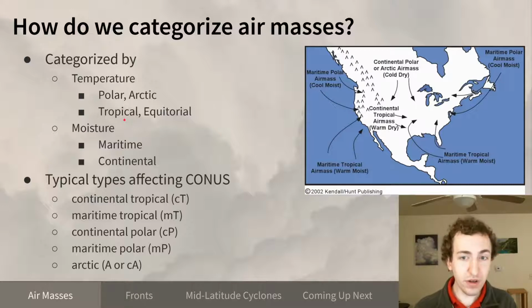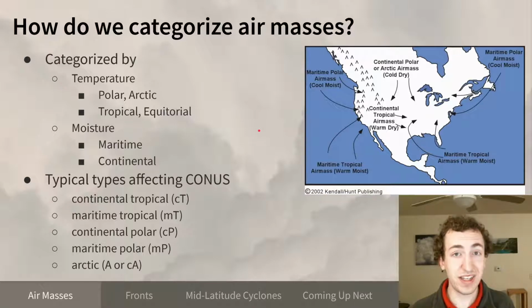And then tropical, the ones that tend to develop in your more tropical latitudes, and equatorial, where it's right around the equator. Practically speaking, we talk about polar and tropical most often, and as you might see from this list below or the map over here, those are the ones that affect the continental US most often.